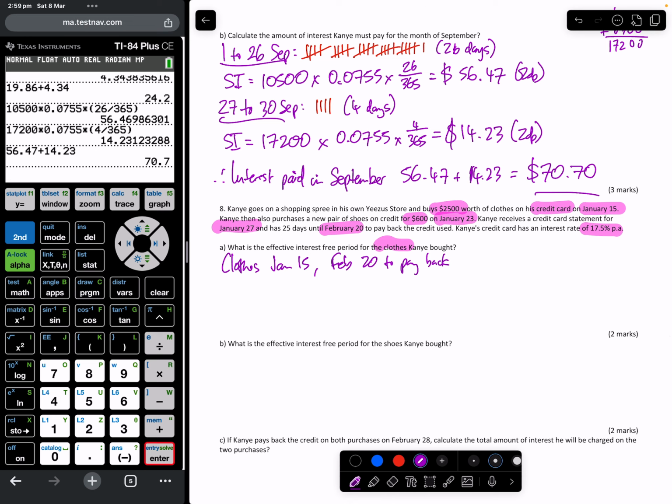So my preferred way of doing this is to count up to the end of the month. January is a 31-day month. Jan equals 31 days.